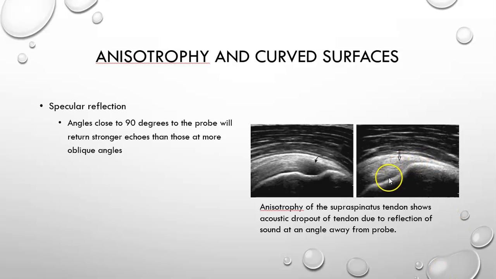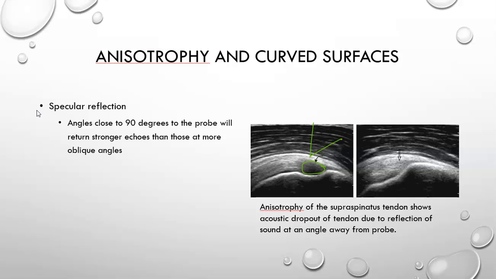Anisotropy is the fact that the sound comes down from our transducer, hits the highly reflective tendon, and then bounces off into Never Never Land. And so this area appears to be a torn tendon when actually it's not.